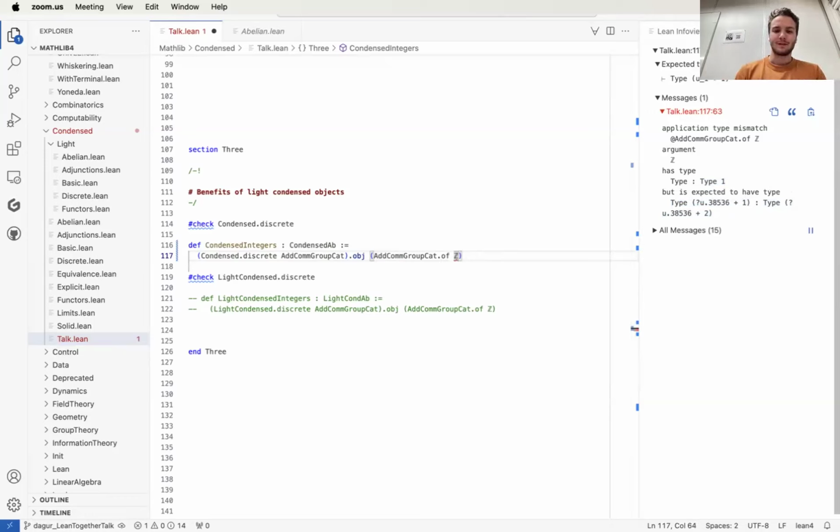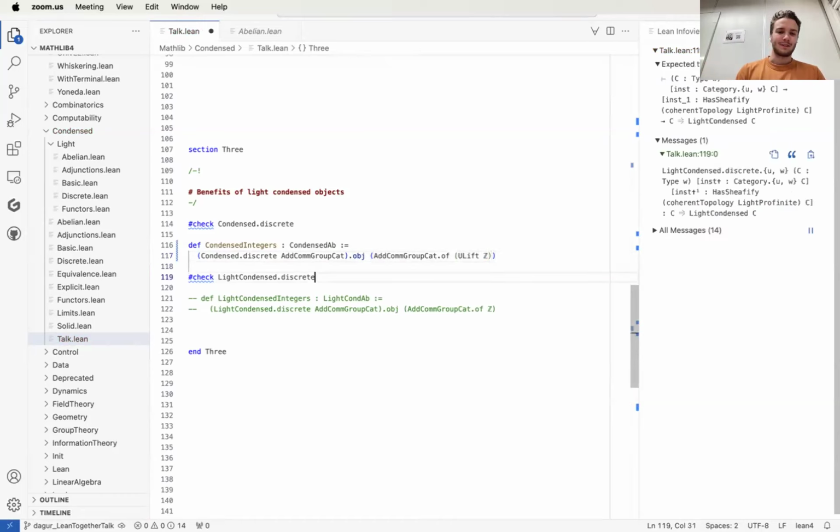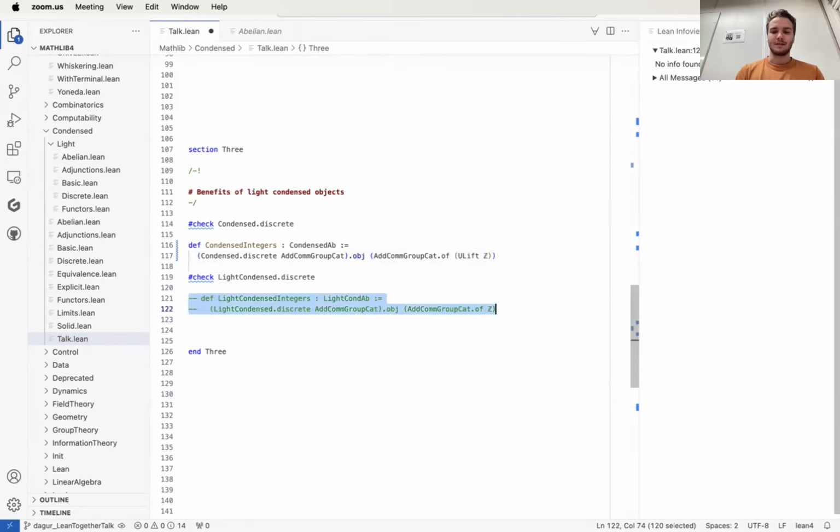You can solve this by doing ULift, but that's only because someone has added all the algebraic instances for ULift, and it's not very nice to work with ULift. Here in light condensed, we have exactly the same thing, and it just works right away because the integers is a term of type 0, and here our sheaves are taking values in that category and not type 1.